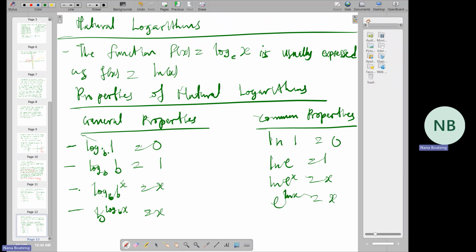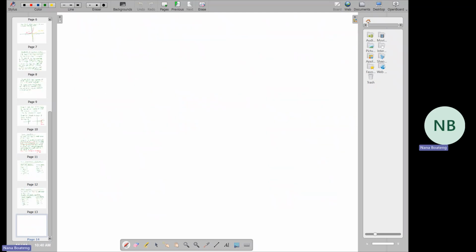All right, so with this, we can look at some examples where we would make use of some of these properties. So this will be our example now.